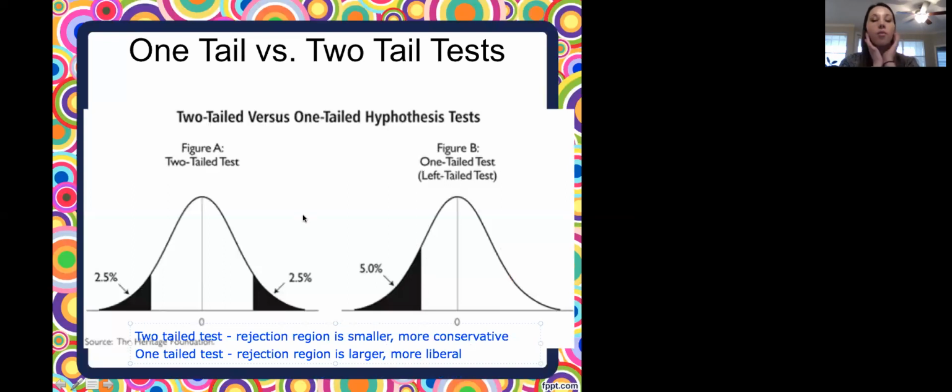So that's how one-tailed and two-tailed works. You have to have a bigger t value in order to reject the null hypothesis when you have a two-tailed t-test as opposed to a one-tailed t-test. So that's something to keep in mind. With two-tailed, we're a little more strict. One-tailed, our rejection region is bigger, so we're a little more lax. So that's that.